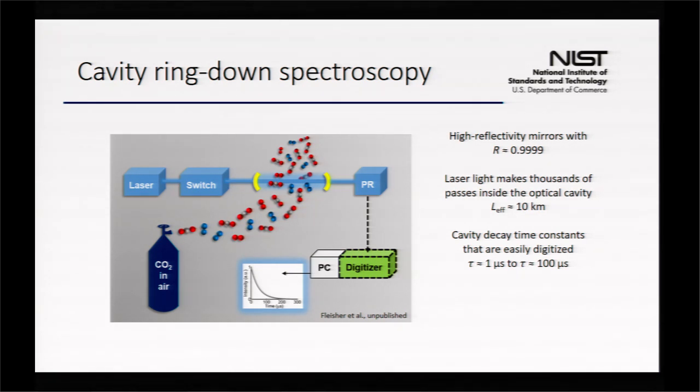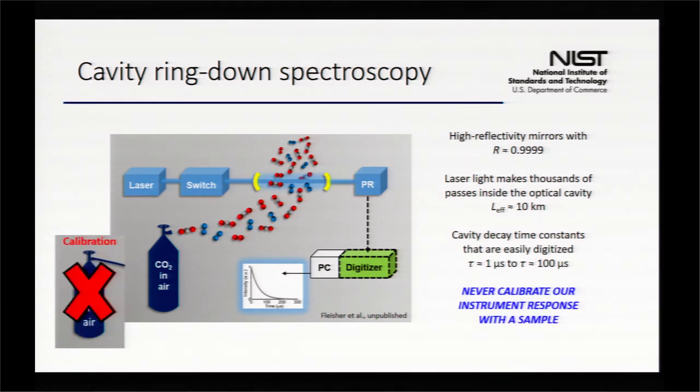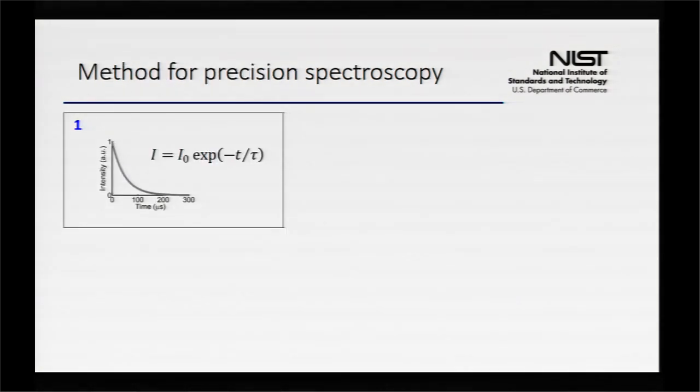The cavity decay times are usually microseconds to hundreds of microseconds, things that are readily digitized in the laboratory. Importantly, in our instruments, we're never going to introduce a calibration gas. We never calibrate our instrument response, which is a clear difference between using the high precision instruments and what we're trying to do.